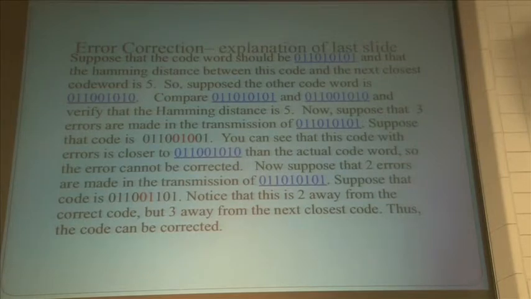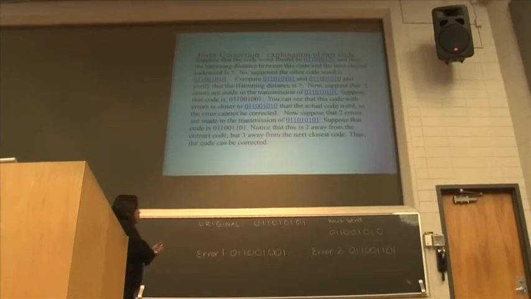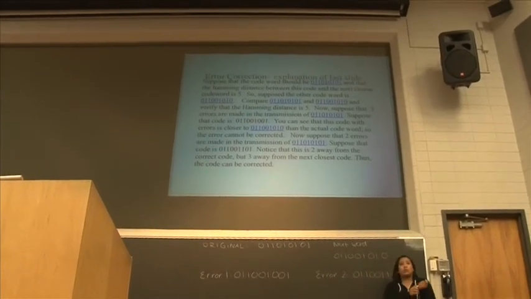Now, this example is extremely wordy, so that's why we have all of this stuff on the board. Say that our original word is this one right here: 0, 1, 1, 0, 1, 0, 1, 0, 1.